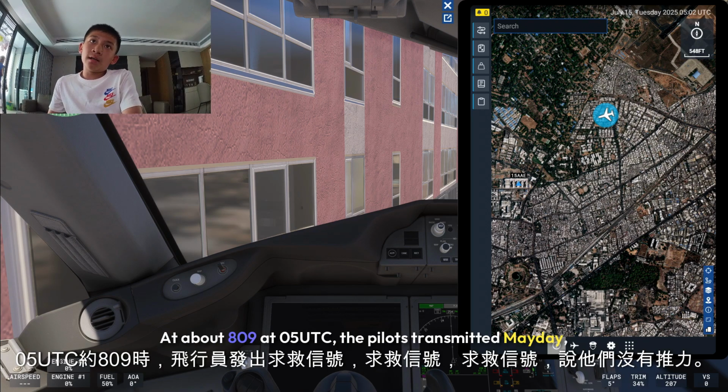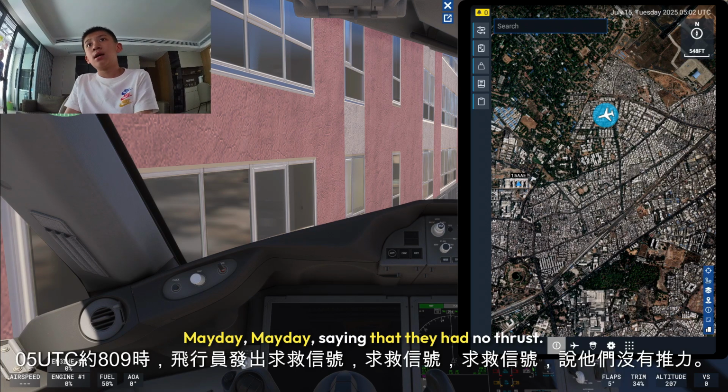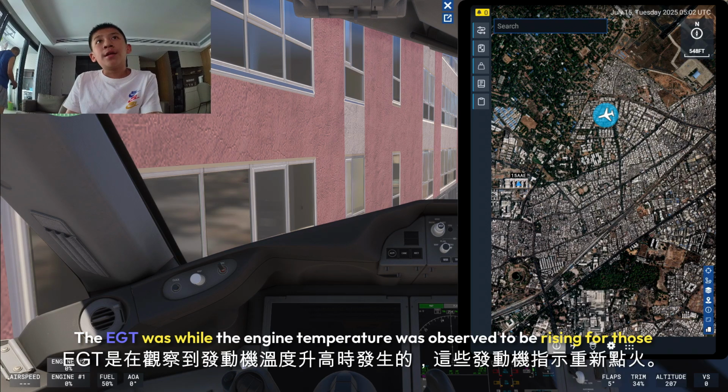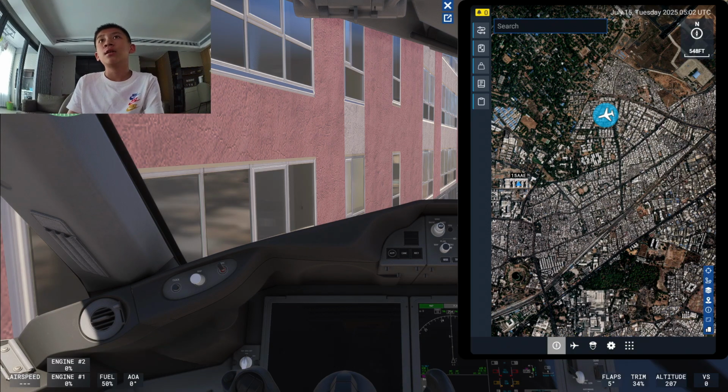At about 8:09:05 UTC, the pilots transmitted Mayday, Mayday, Mayday, saying that they had no thrust. The EGT, the engine temperature, was observed to be rising for those engines, indicating relight.